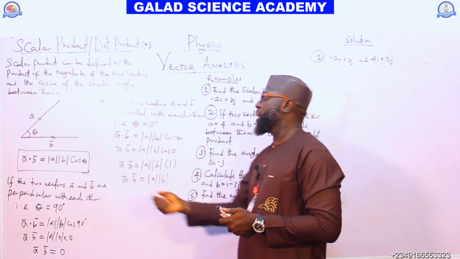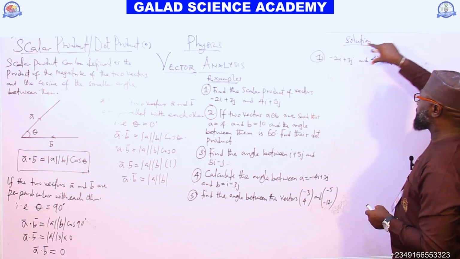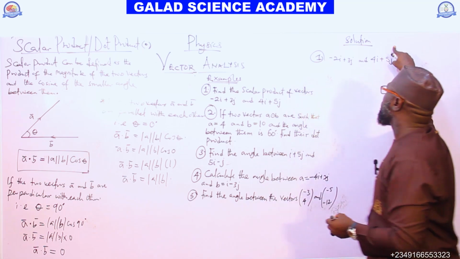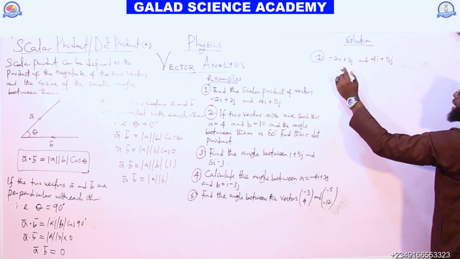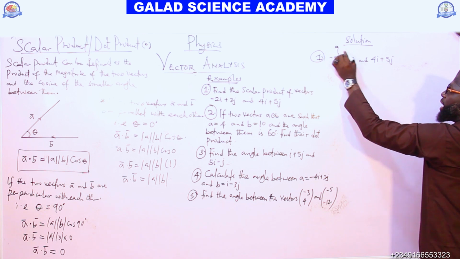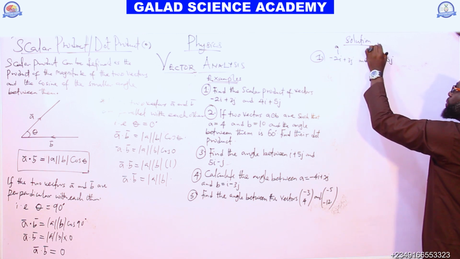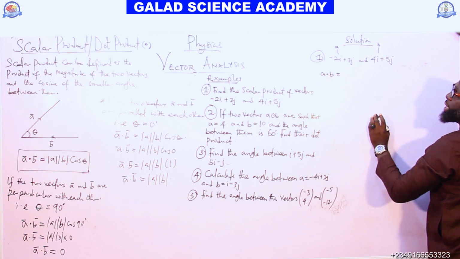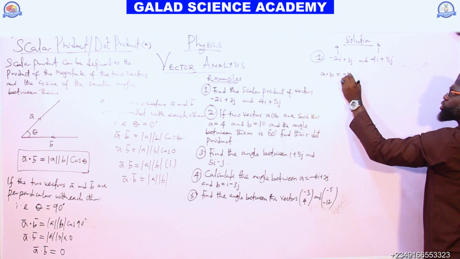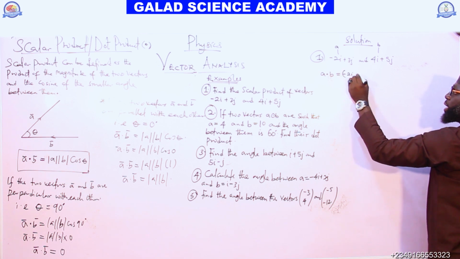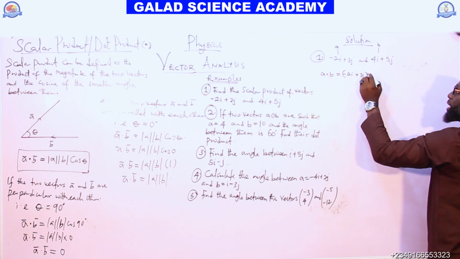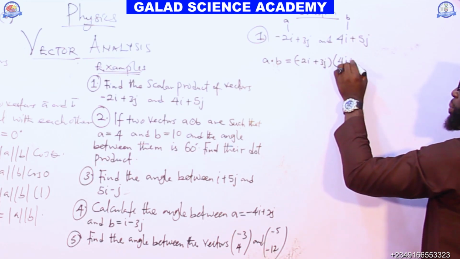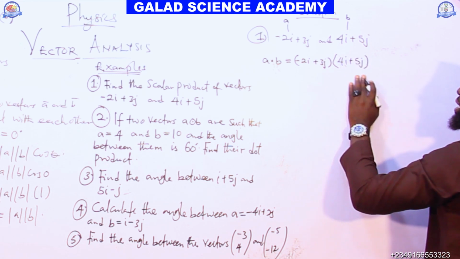This is the formula. And then we are given two vectors without an angle. So let us assume this is our vector A and this is our vector B. So the scalar product for A and B will be: we have minus 2i plus 3j and 4i plus 5j.